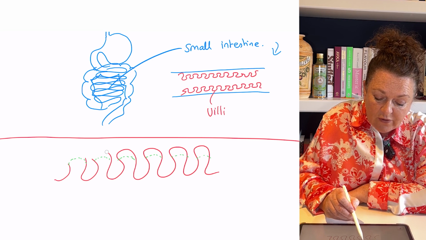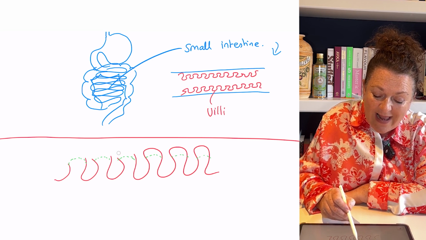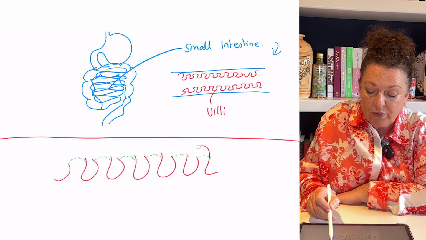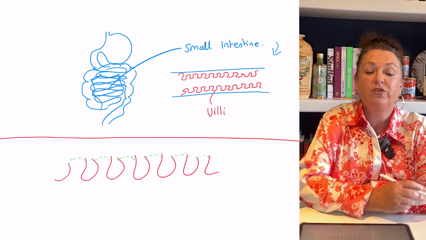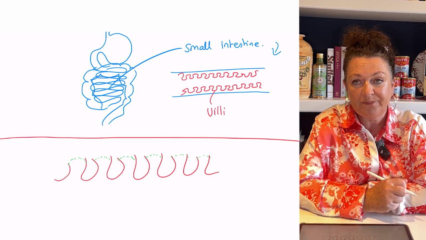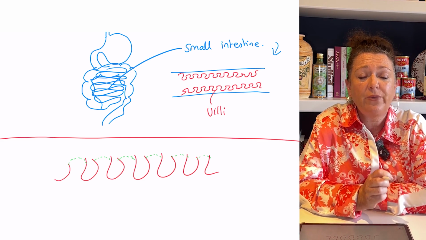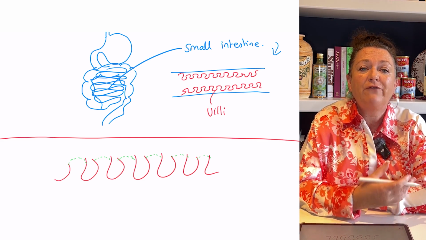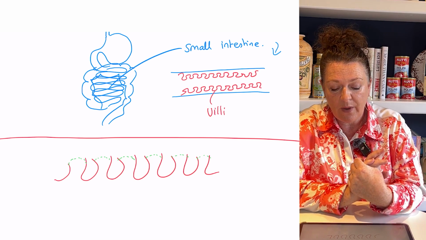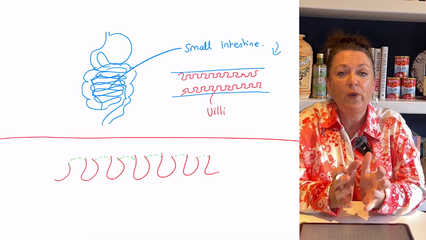So villi get worn down. So there is less surface area for the absorption of nutrients. And if there's less surface area for the absorption of nutrients, what you notice, particularly in children who maybe have undiagnosed celiac disease, is that they're not growing properly.